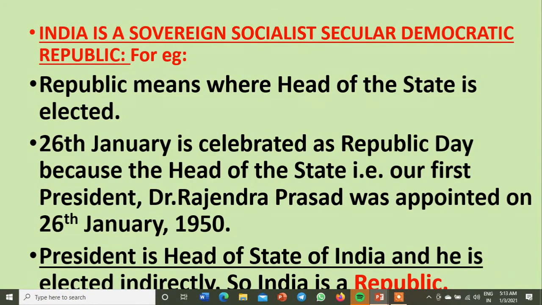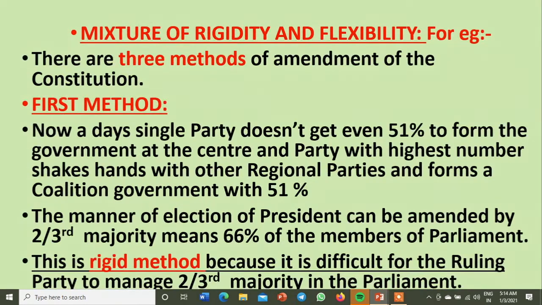So India is a republic. It doesn't matter whether he is elected directly or indirectly. Elections are of two types. Our members of parliament and the prime minister are all elected directly. But the president is elected indirectly. But he is elected, so India is a republic.